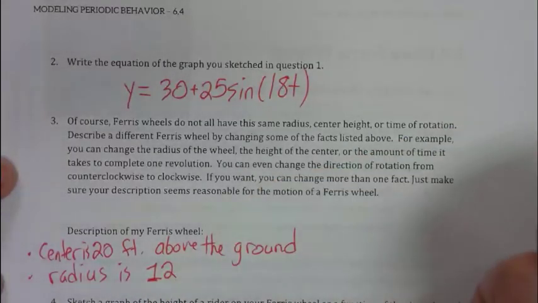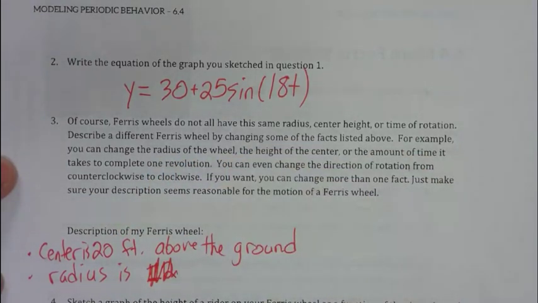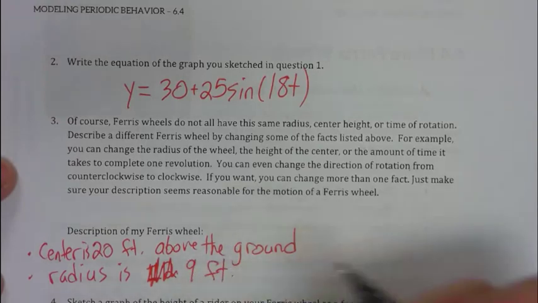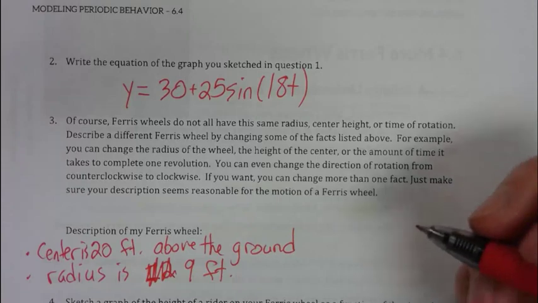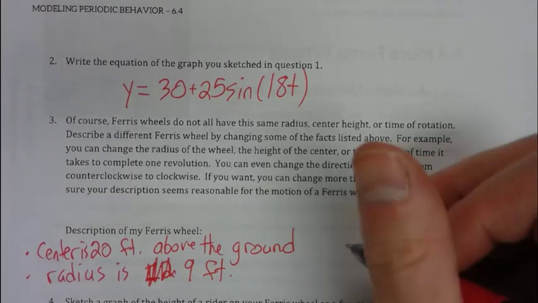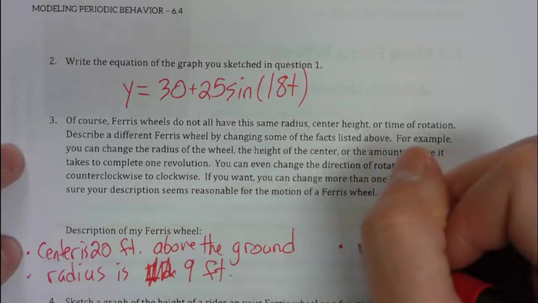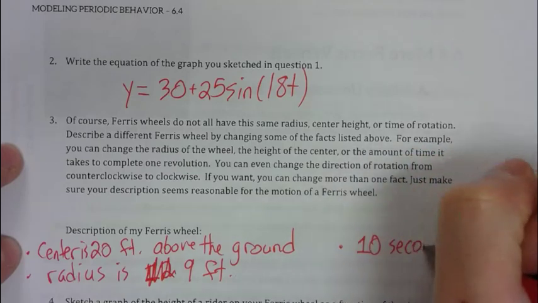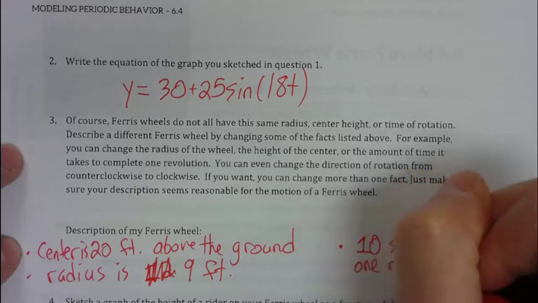Maybe not 12 feet. Let's say it would be 9 feet. Radius is 9 feet, so we have a smaller radius and a smaller Ferris wheel in general. We'll say that the Ferris wheel takes only half the time, 10 seconds for one rotation.